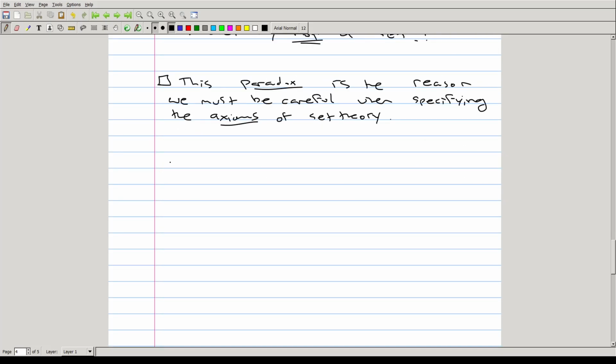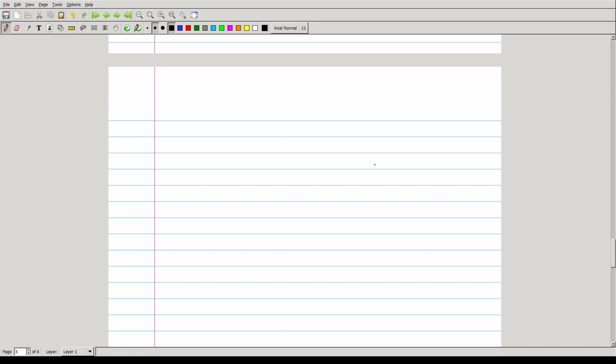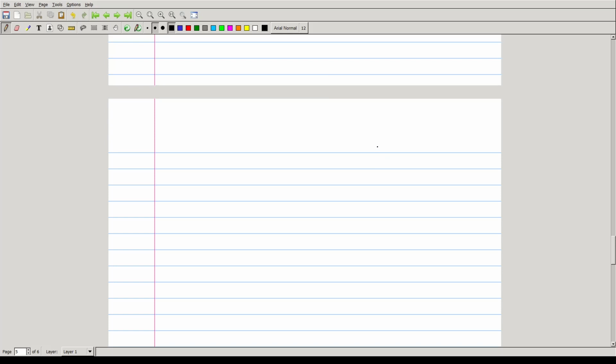And so to this end, I'll start right now by giving you a summary of the axioms of set theory. We'll start with a very important idea.